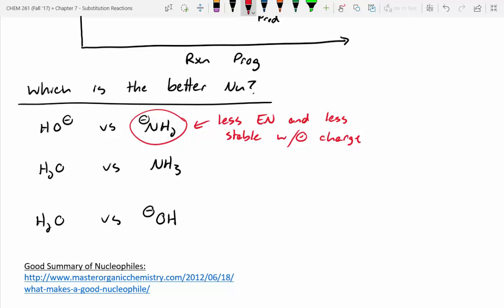The oxygen, right? So its lone pairs are being held a lot closer. That means they're going to be less available for nucleophilic attack. So again, ammonia is going to be the better nucleophile, since its lone pairs are held less tightly.